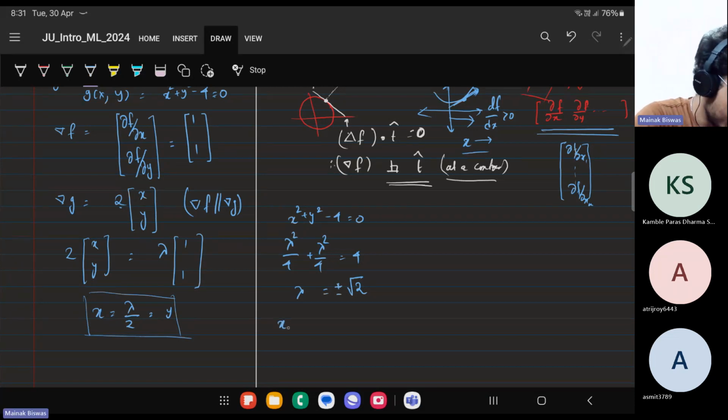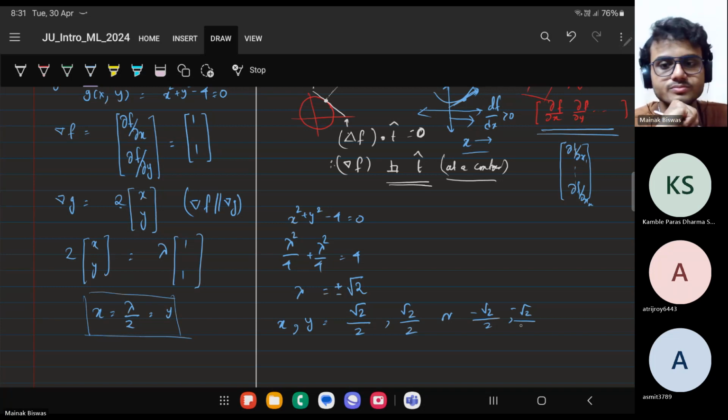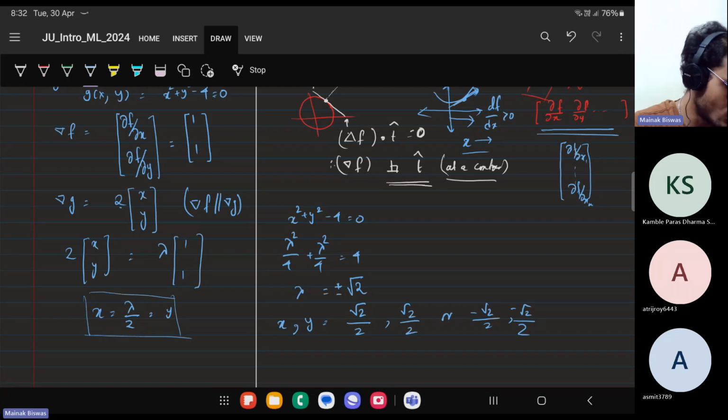Correct. So x comma y is root 2 by 2, root 2 by 2, or minus root 2 by 2, comma minus root 2 by 2. Yes or no? Agreed? So that should be 2 root 2 now. Oh yeah, is it 2 root 2?